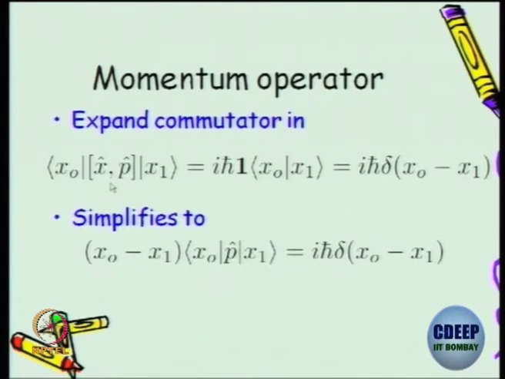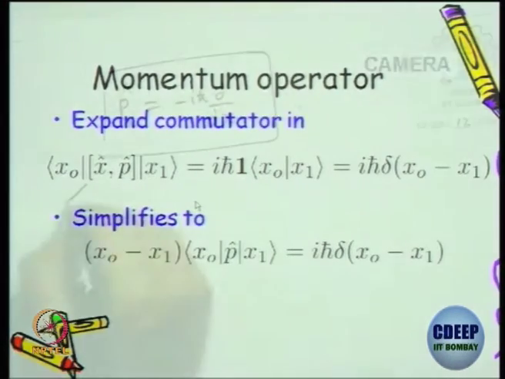This commutator of x and p, you expand first. If you expand the commutator, it is xp operator minus px operator. So depending on the order, either the x will operate on x0 or x will operate on x1. Is that right?